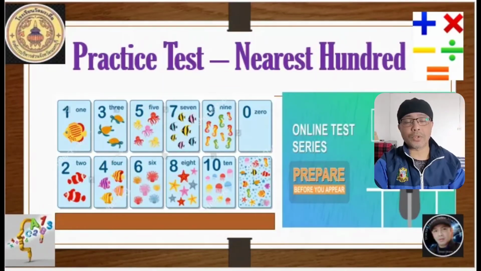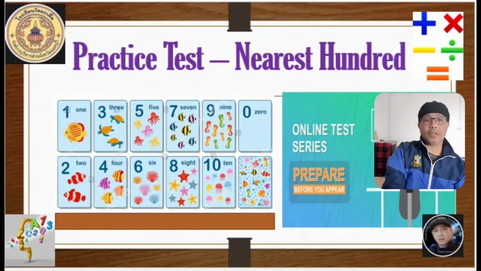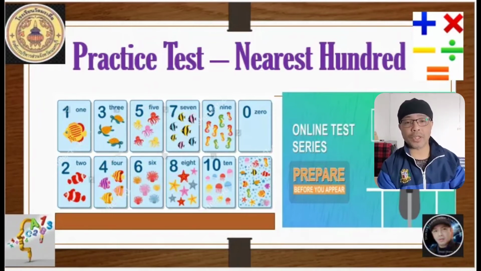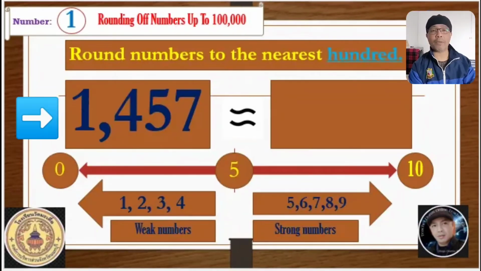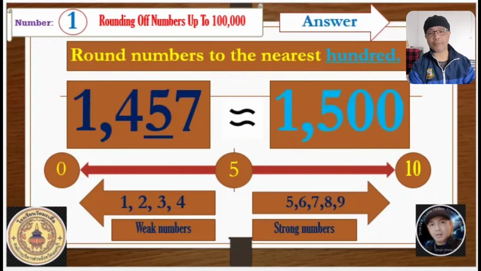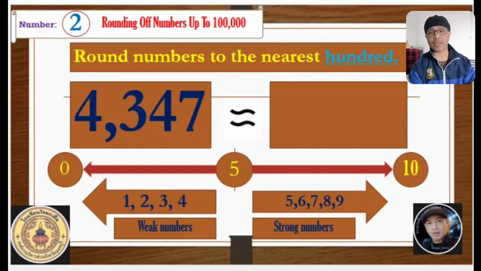Now let's go to the actual practice test. Round to the nearest 100. Okay, number 1, round numbers to the nearest 100, 1,457. The answer is 1,500.